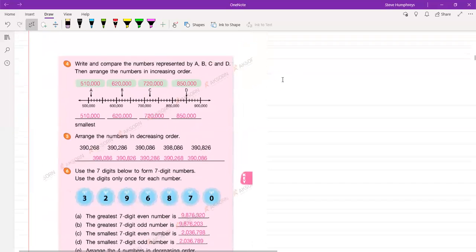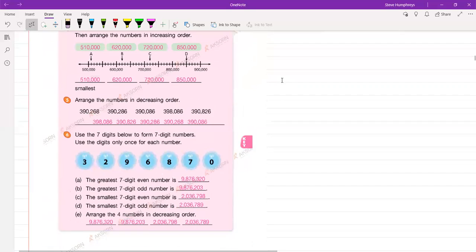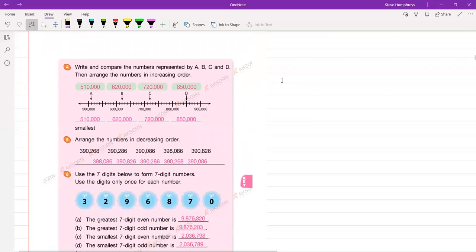And page 23, write and compare the numbers represented by A, B, C, and D. Then arrange the numbers in increasing order. Okay, so you need to look at the number line. Where is the arrow pointing? That's 500,000.